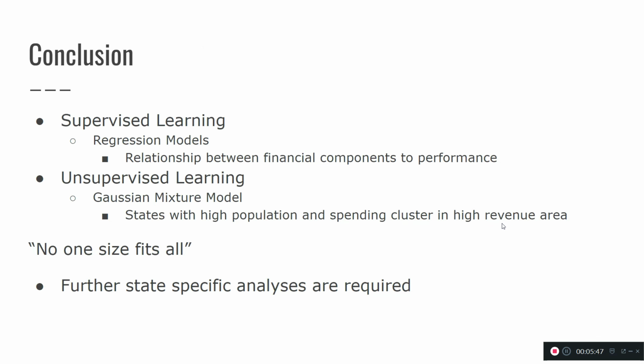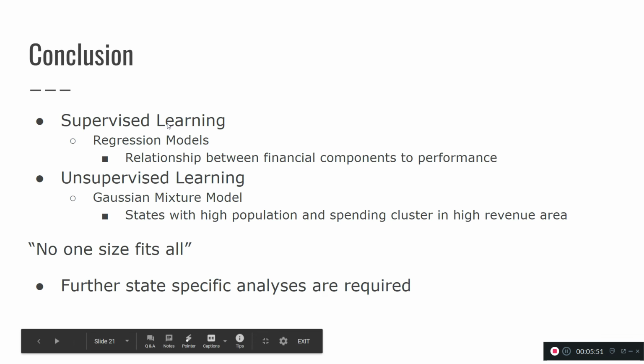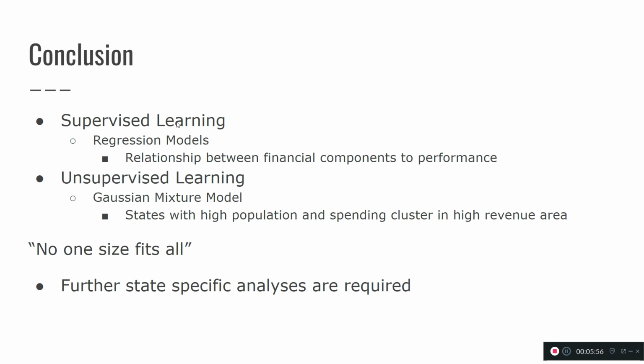And that allows us to move on to our conclusion. So what have we learned? Well, from our supervised learning, we had some solid regression models where we saw a relationship between financial components and performance. And we looked at those features and saw that some of them were a lot more important than others to a very significant degree.